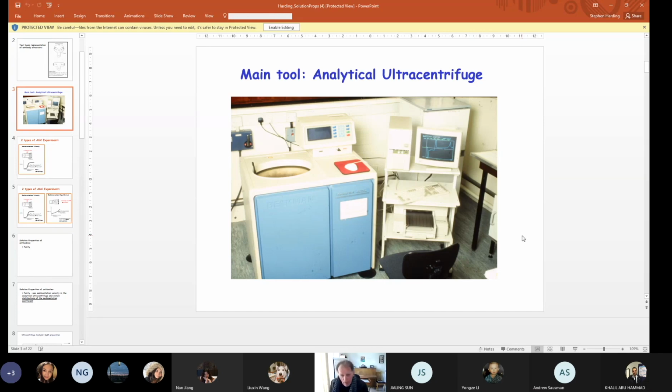The same with scientific instruments that you have to interact with and understand in order to get high quality experimental measurements.